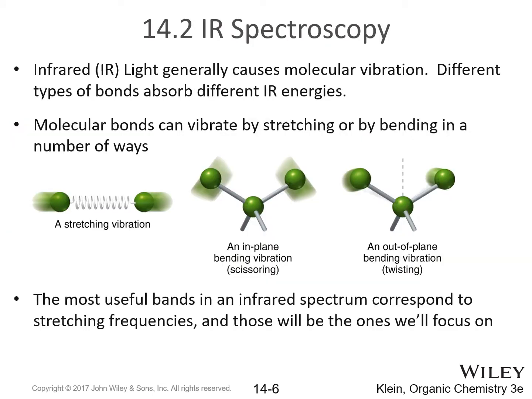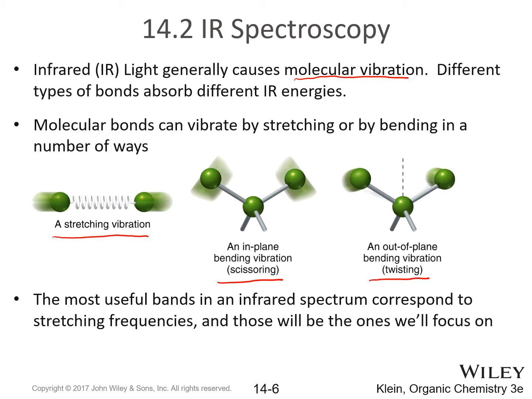So with IR, which is our focus, IR spectroscopy, infrared light causes molecular vibrations. And when I say molecular vibrations, bonds can stretch. That's one form of vibration. Bonds can bend, like scissoring, and bonds can twist.